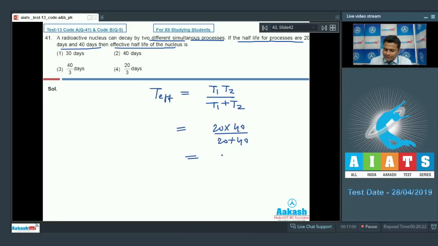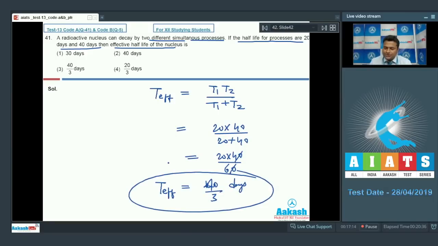Solving, 20 into 40 divided by 60. After solving, we will get the effective half-life period as 40 by 3 days. Option number 3 we can go with. Now move on to the next, that is 42 number.